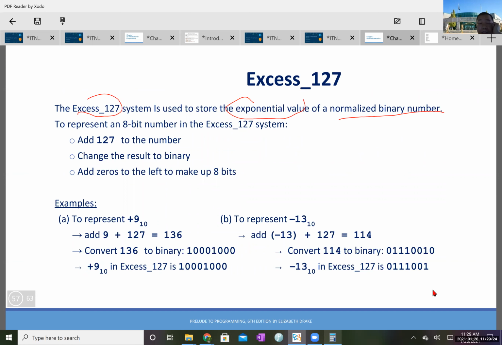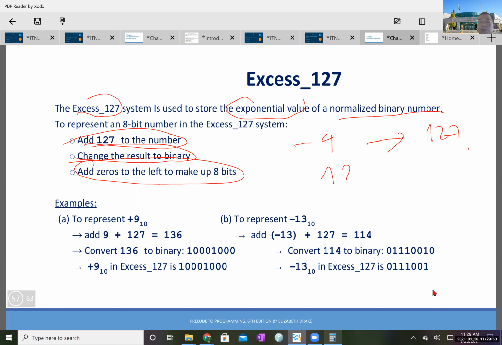So in order to represent the 8-bit number in excess 127, the first thing you have to do is add 127 to the number. Now you change it to binary and add 0s to the left to make it up to 8 bits. So think about if I want to convert the number -4 to excess 127. The first thing I have to do is add 127. So -4 plus 127, you have 123.